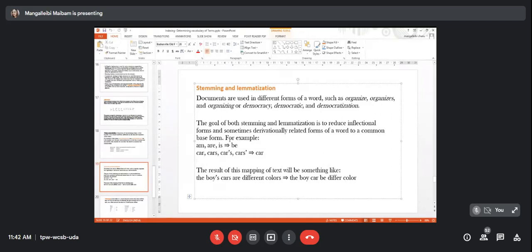Whereas in stemming, what we are going to do is chop, or remove, the additional part which is added to the base form. For example, replacement. Replace is the original word, and from replace we have added ment to make replacement.